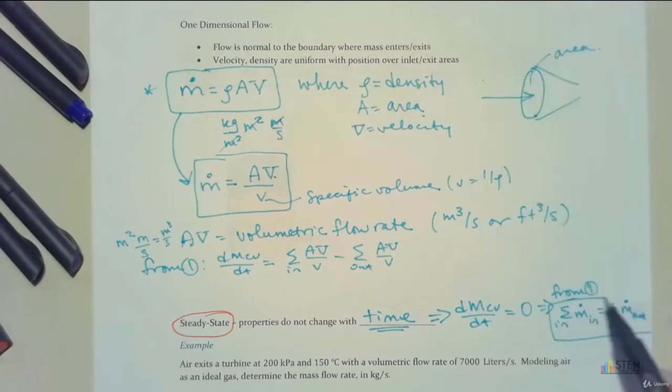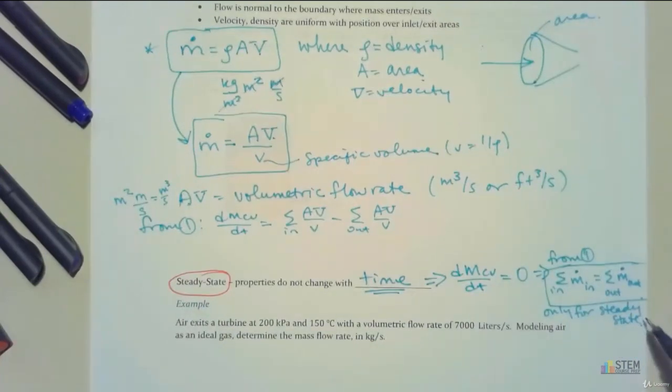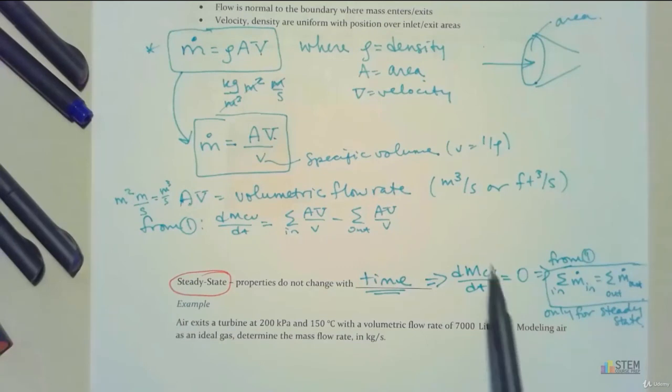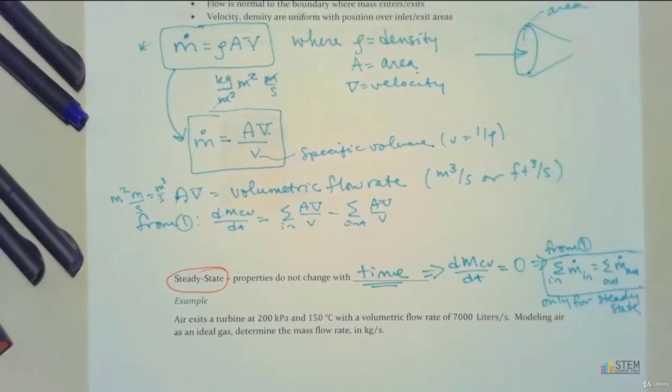This is only for steady state. So some people like to try to use this at all times. It's only for steady state though. But that gives us a nice simplification because we no longer have to worry about this derivative term. Anytime we can get rid of those derivative terms, we want to do that.